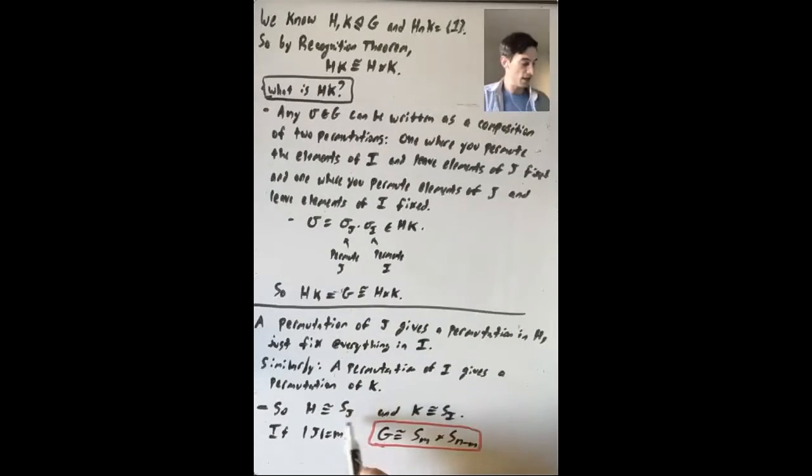H is isomorphic to the group of permutations of the elements of J. And K is isomorphic to the group of the permutations of the elements of I.